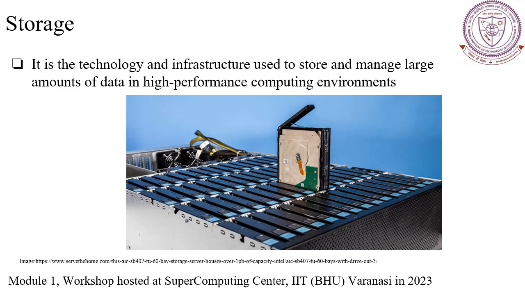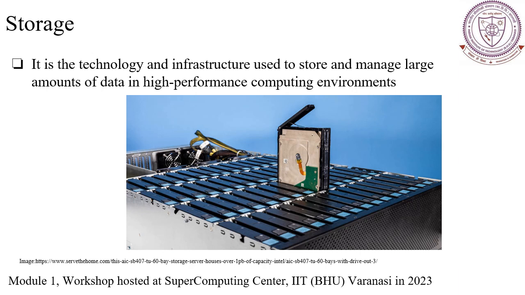We are going to see the storage system. It is the technology and infrastructure which is used to store and manage large amounts of data in HPC. I'm going to tell you some terms which are used in storage systems. First, the parallel file system.